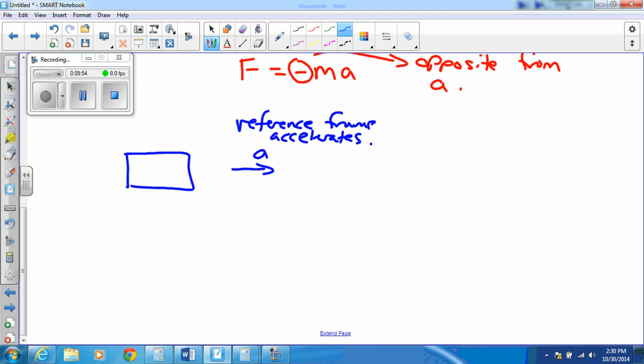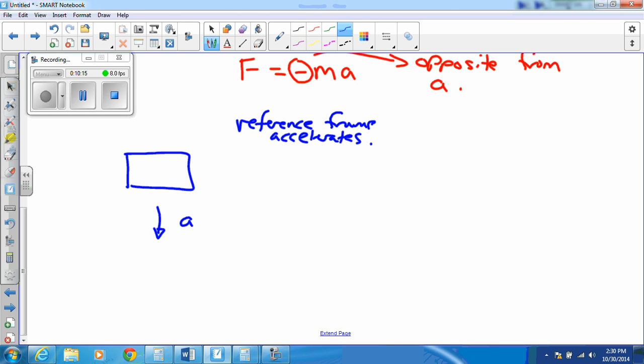Now this is kind of tricky, so I want to imagine the elevator as a prototype for this. So maybe I should have the acceleration downwards, since only Willy Wonka's elevator goes sideways. Okay. So there's our acceleration right there.